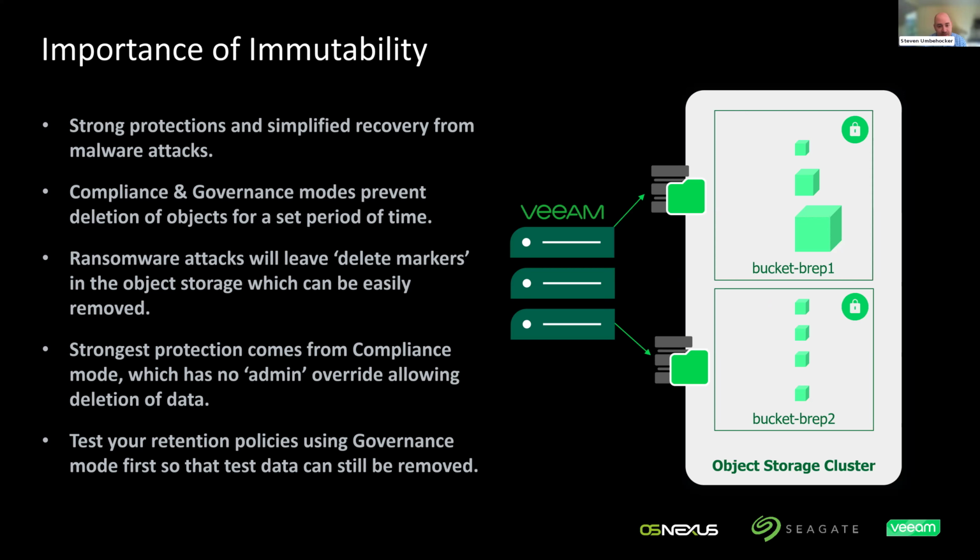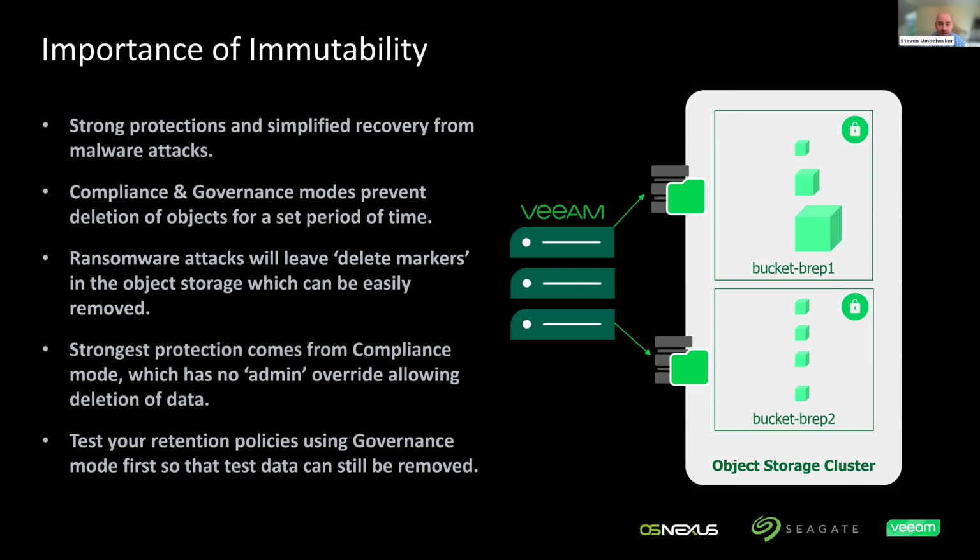So those examples Steve was giving in the last slide, where software comes in and tries to delete or encrypt data, that's really if you don't have immutability. If you have immutability on but allow changes, new versions go in, but you'll still have the old version. If you have immutability enabled in compliance or governance mode, it's not even going to allow those new versions.